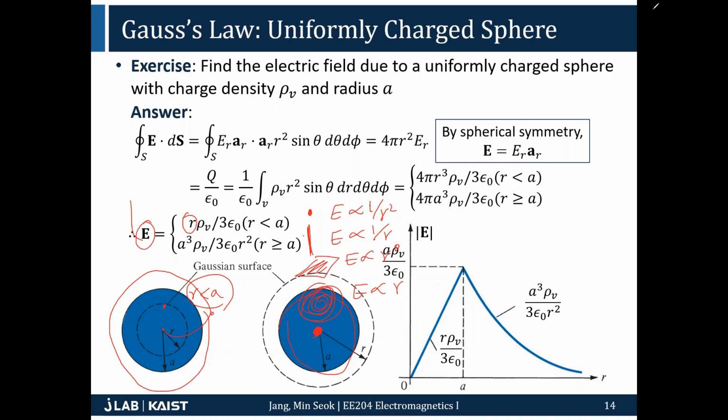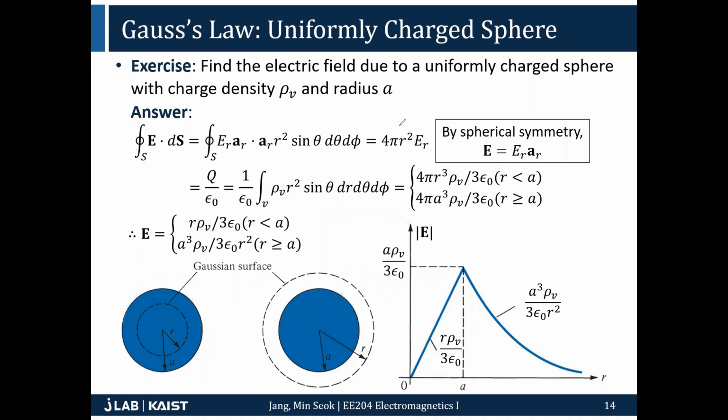And some of you may ask something like this: okay, then why is it the same as the charge at the center? Why not a charge off the center? Well, if this is the case, then this system and the original system have different symmetry, right? So this point charge and this charged sphere have different symmetry. So we cannot consider them equivalent in terms of Gauss' theorem.